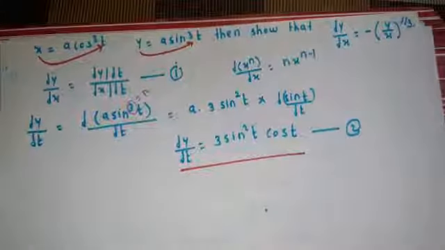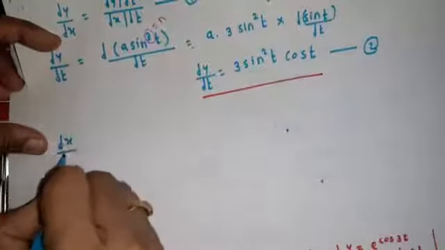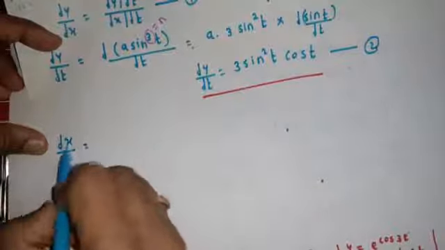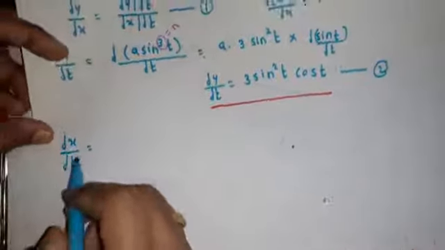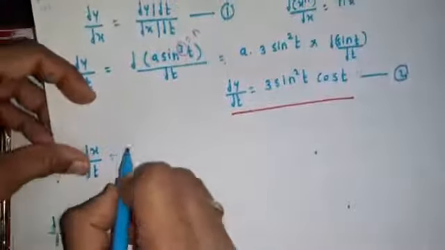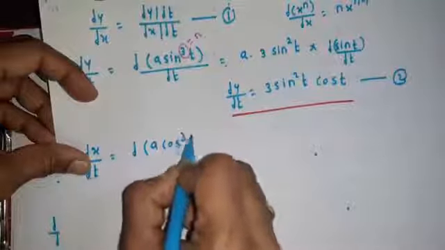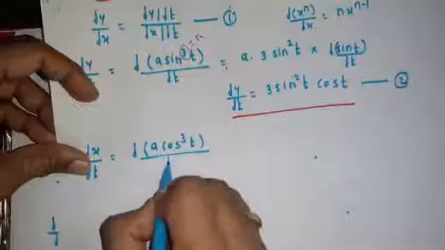Okay. Now dx by dt, that is differentiation of x with respect to t. What is x? x is a cos cube t. Therefore differentiation of a cos cube t with respect to t.